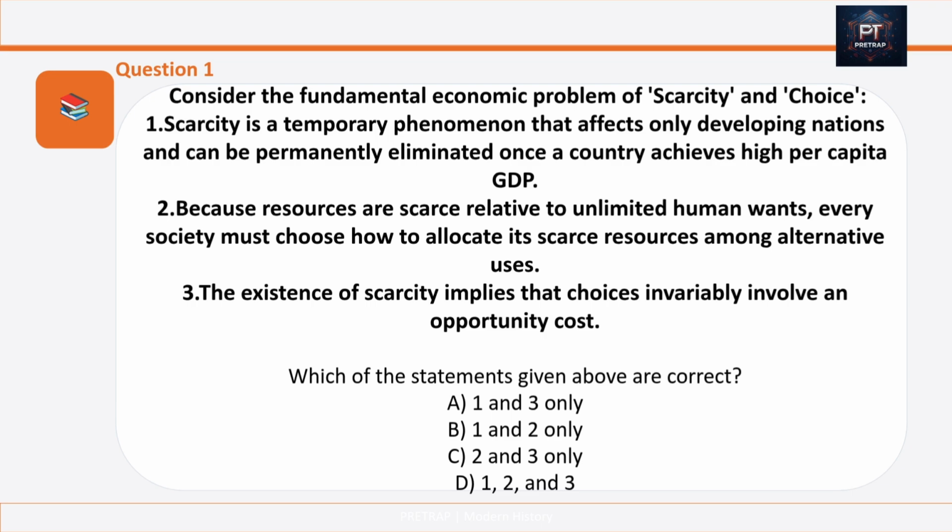Number 2, because resources are scarce relative to unlimited human wants, every society must choose how to allocate its scarce resources among alternative uses. Number 3, the existence of scarcity implies that choices invariably involve an opportunity cost. Which of the statements given above are correct?